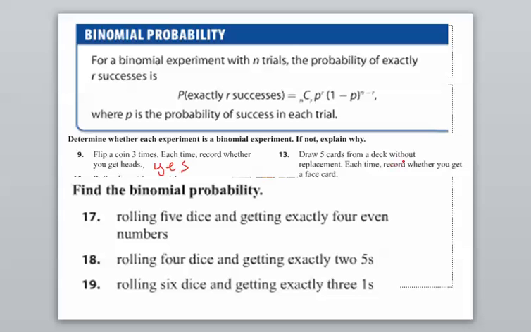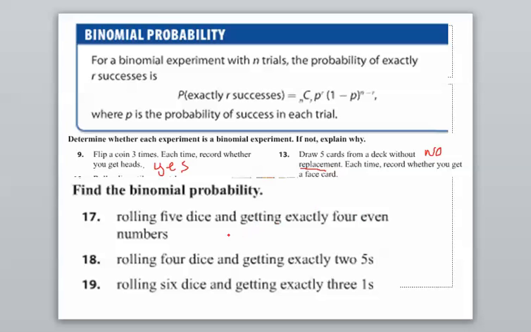You draw 5 cards from a deck without replacement, and each time you record whether you get a face card. The answer to that one is no. That one's not binomial. Why? Because you're not replacing them. The probability changes at each drawing. And so that one would not fit in as a binomial equation.